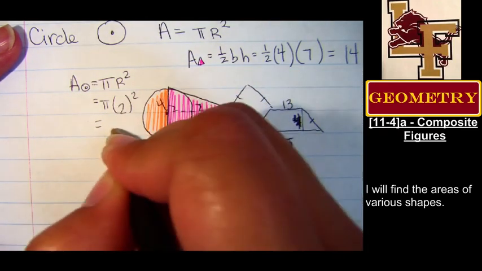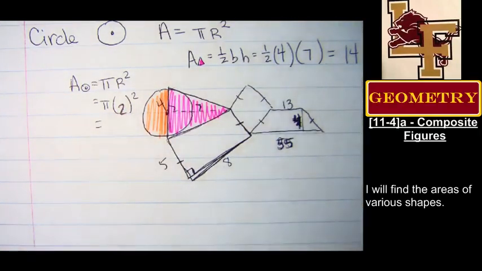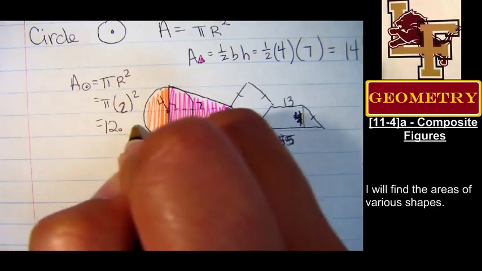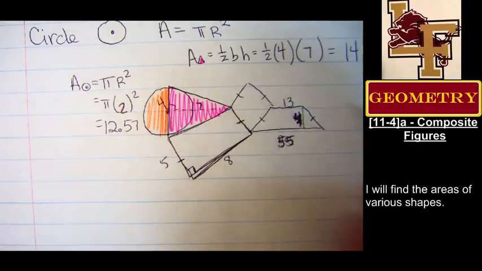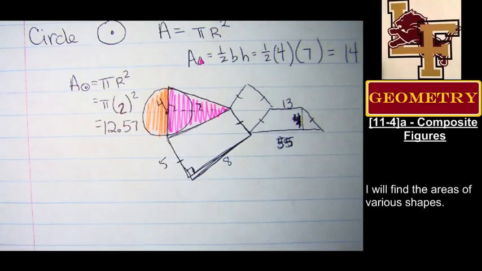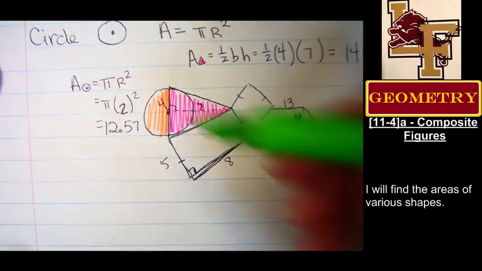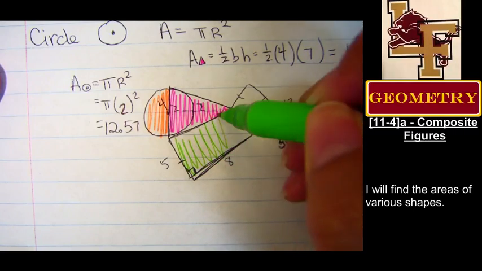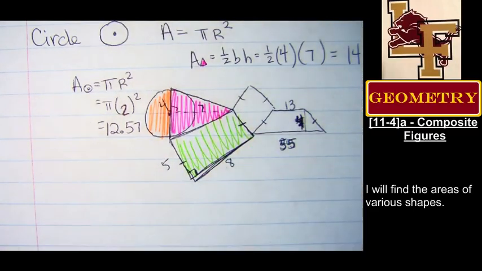All right, with your calculators, give me maybe 2 or 3 decimal places. 12.57. There was some rounding going on, yes? Okay. Next shape. Rectangle. This thing. That does not look like a rectangle, but we're going to go with it.